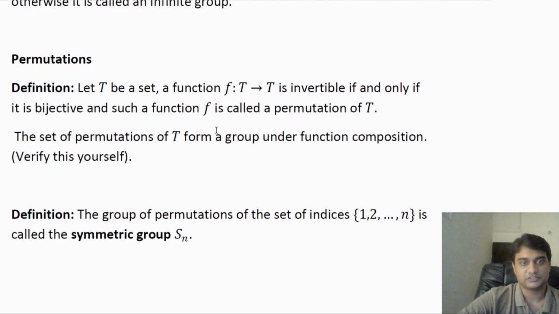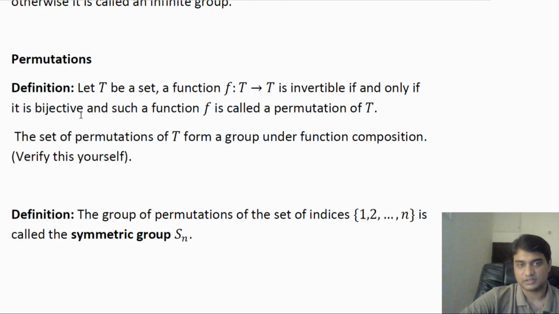For such a function, we call it a permutation of T. So a permutation of a set T is a function from T to itself which is invertible, or equivalently bijective.